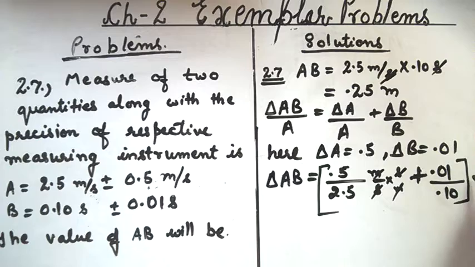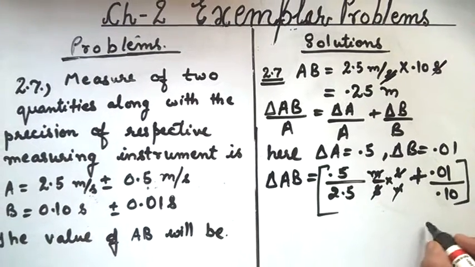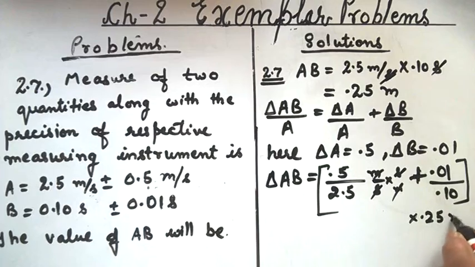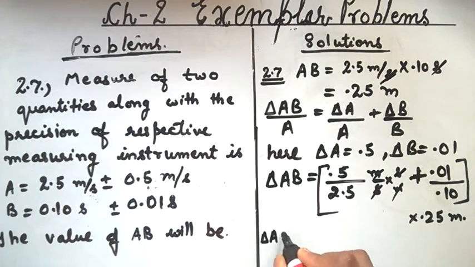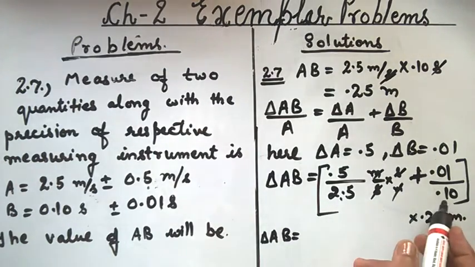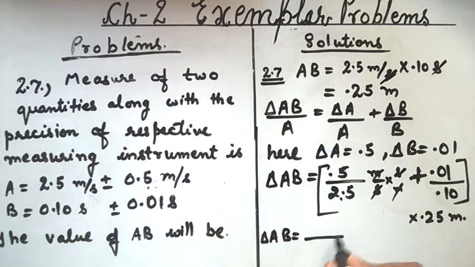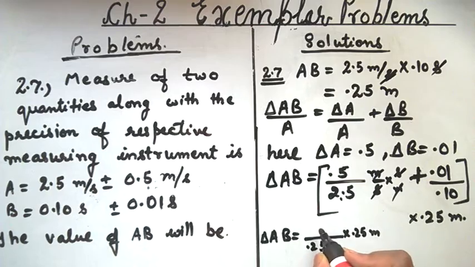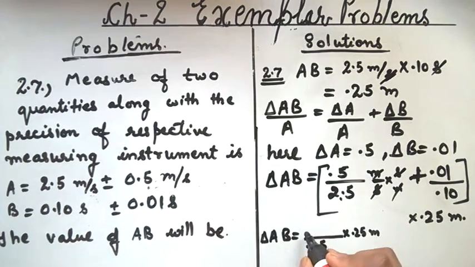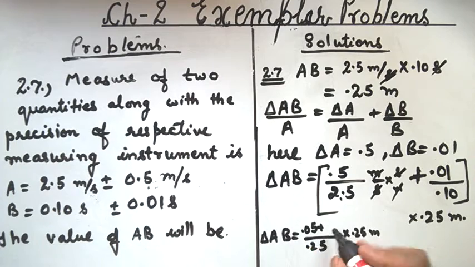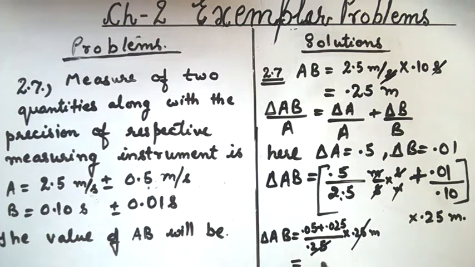On further solving, 2.5 into 0.10 is 0.25, and this value is equal to 0.05 plus 0.025, and it is equal to 0.075 meter.